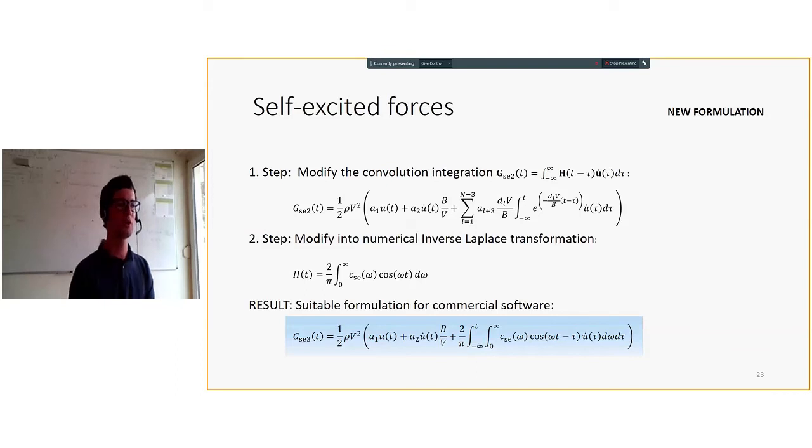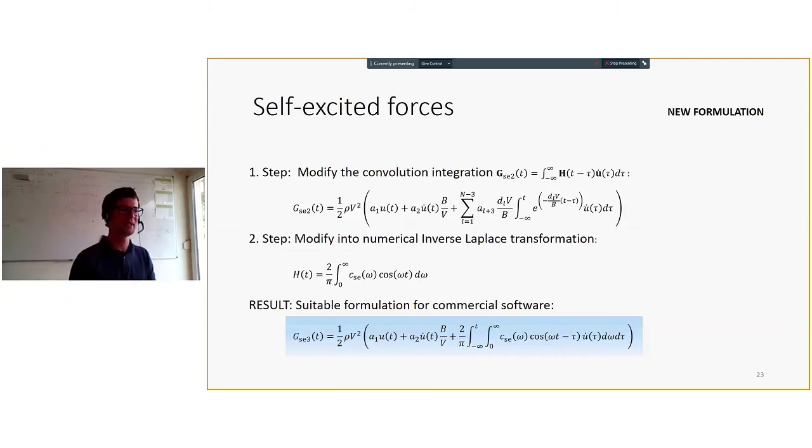In the second step, we have to somehow be able to reproduce this frequency dependency in a hydrodynamic way. So what we have to do is modify this transformation. Instead of having an analytical transformation, we have to do it numerically. And this is possible.